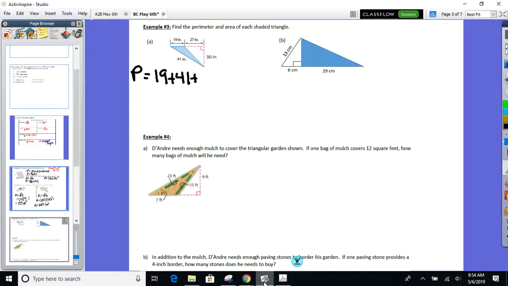Pythag, yes. So we're going to do 27 squared plus 30 squared, and what's that equal to? No, it's not correct. So I'm just going to leave it in square root form.